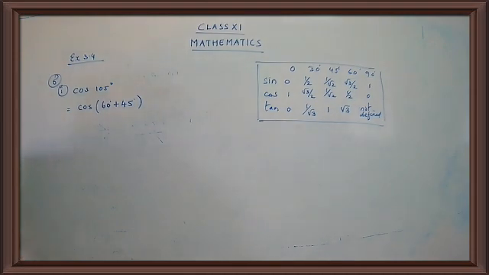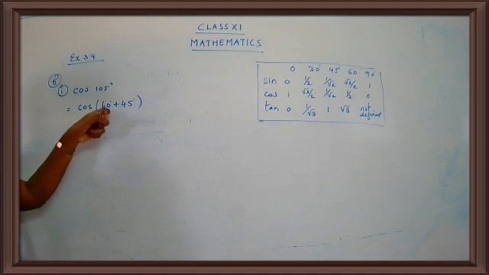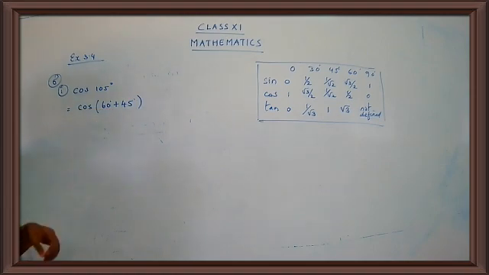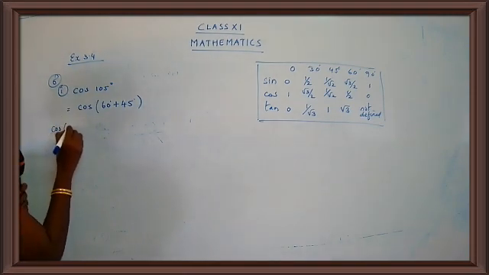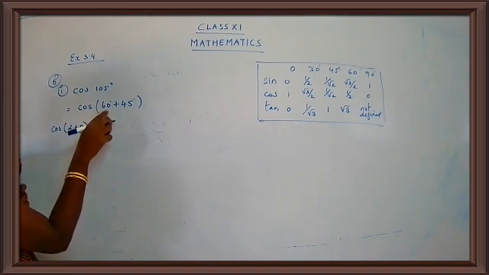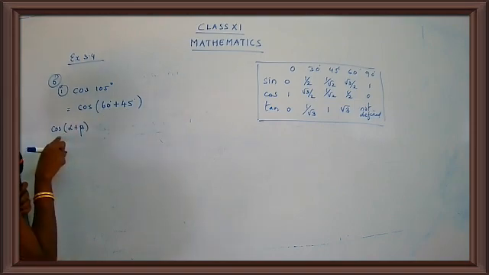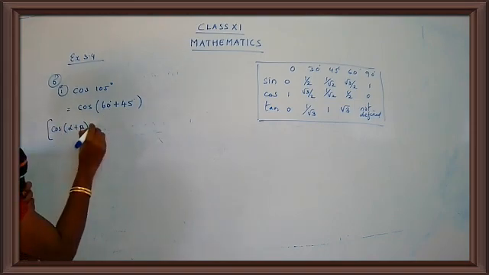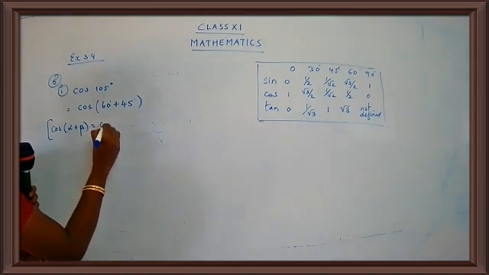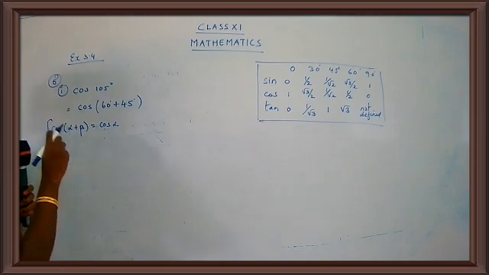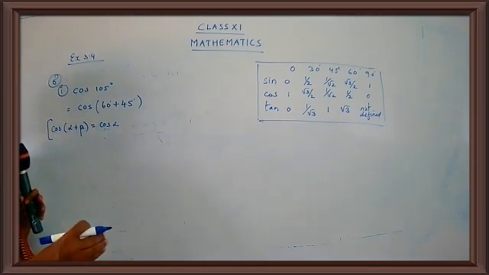Now here I am going to apply the identity for cos of alpha plus beta. Here alpha is 60 and beta is 45 degree. First of all, write down the formula. When you have cos, you write cos together and sin together.